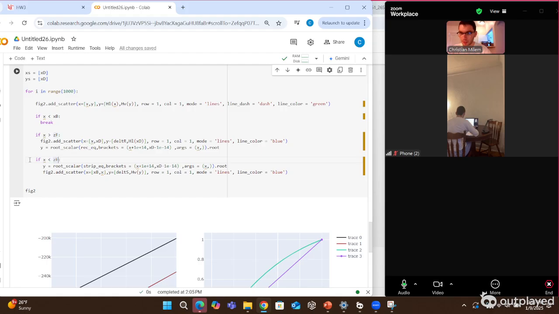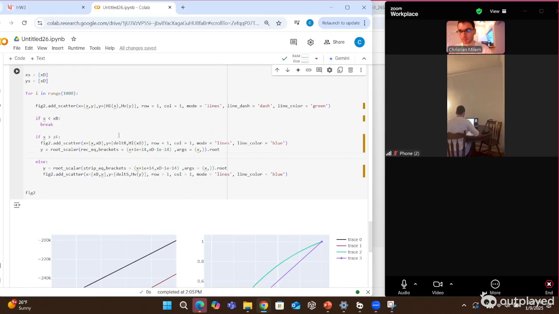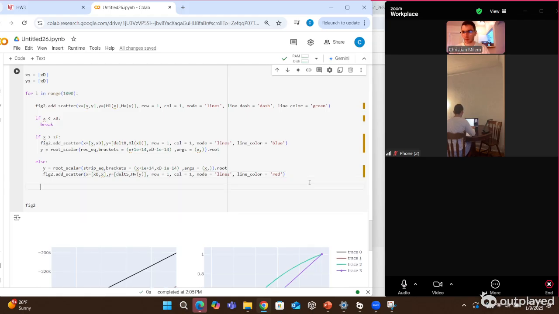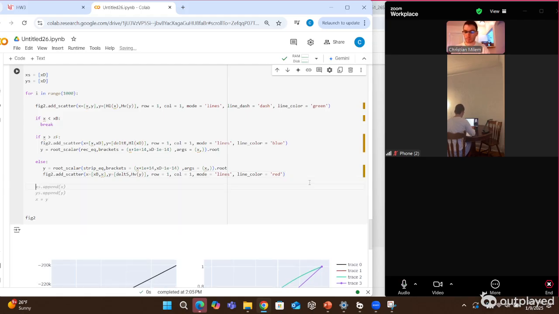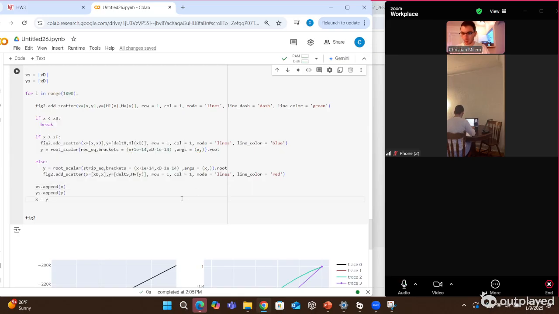But if it's anything else, we get this. Make these red. All right. Now, xs.append(x), and ys.append(y).